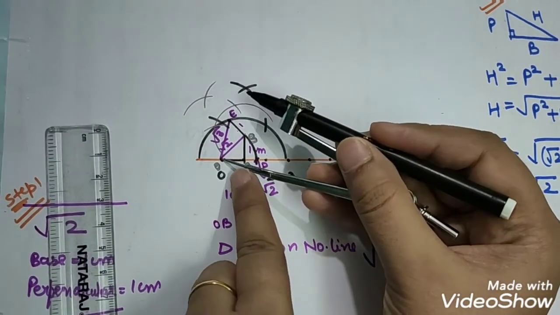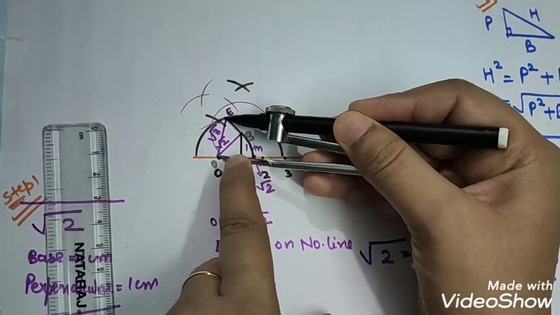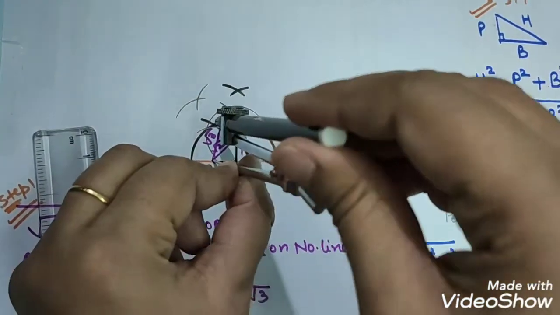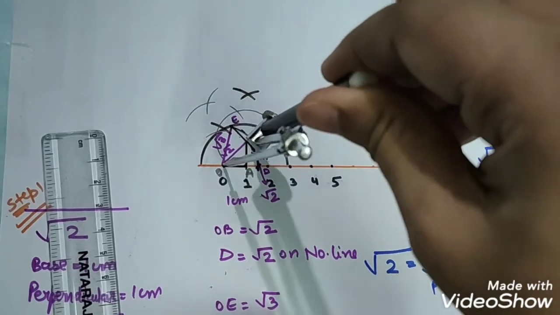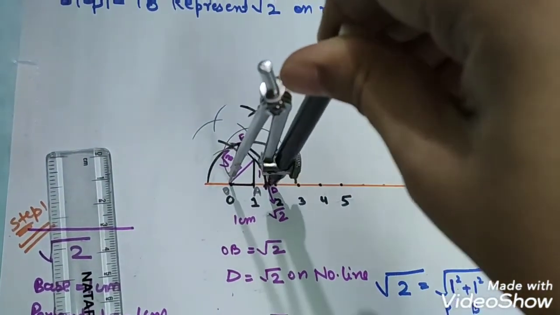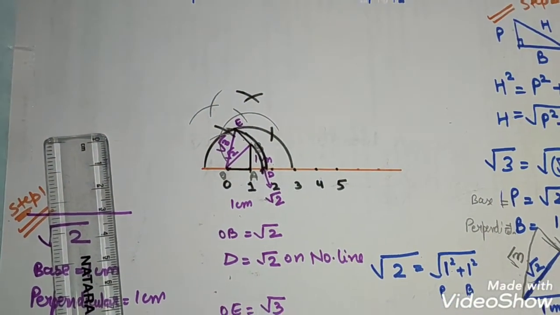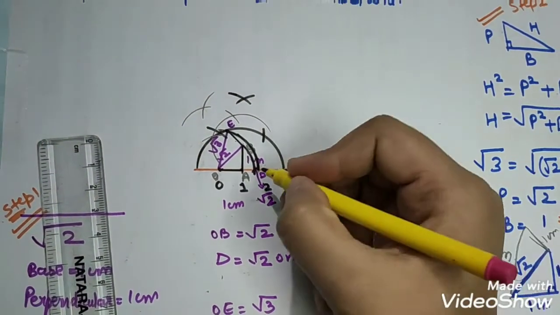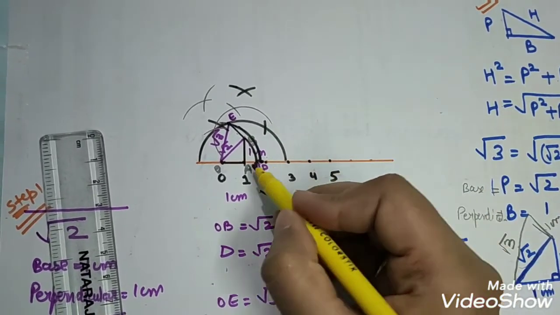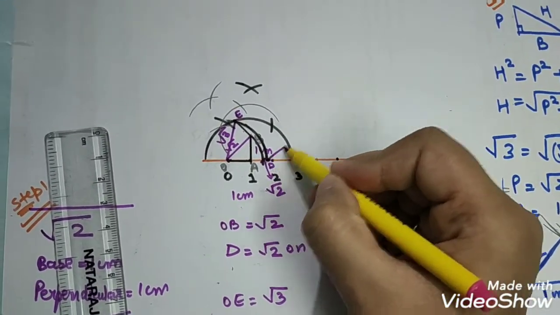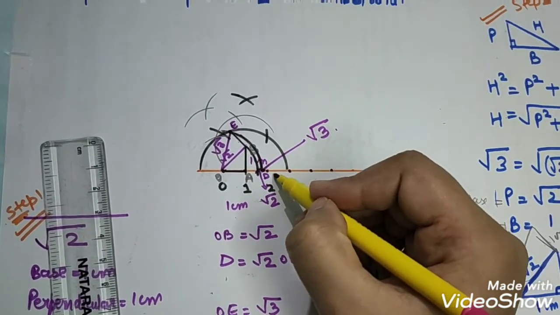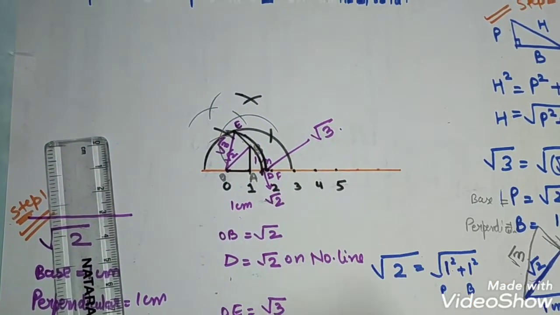Again, for that we have to take this distance, OE distance, and make an arc as we have done for √2. So look, this is the point where it intersects the number line. So this will become √3. Name it F, you can say.